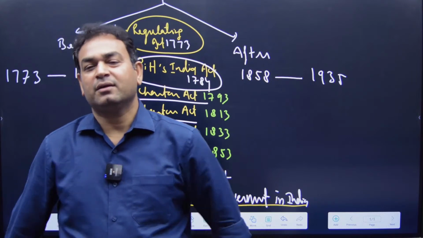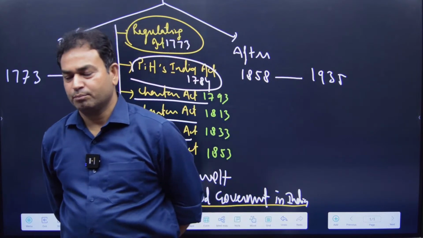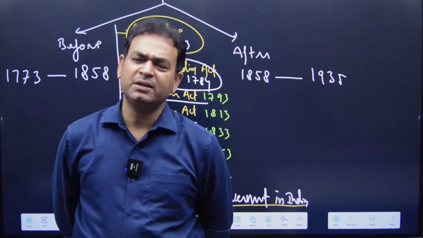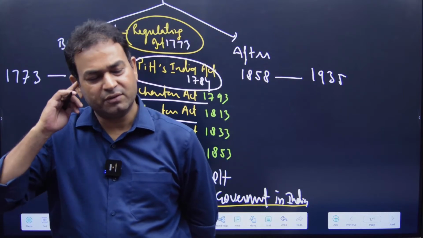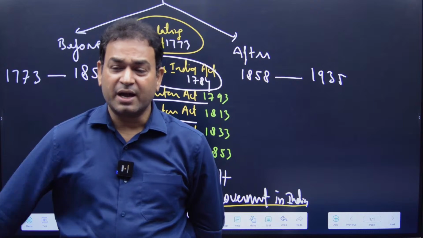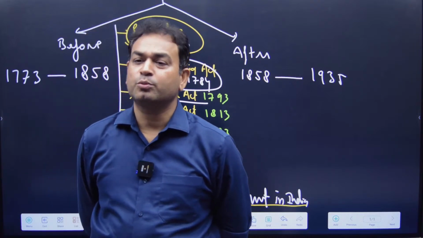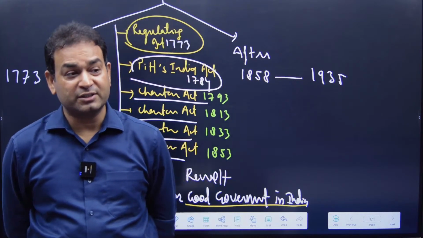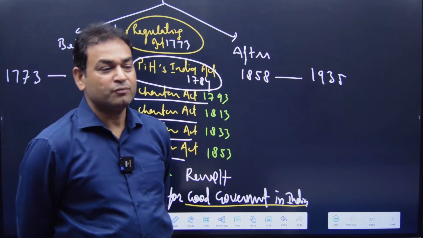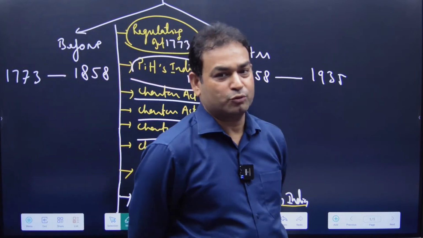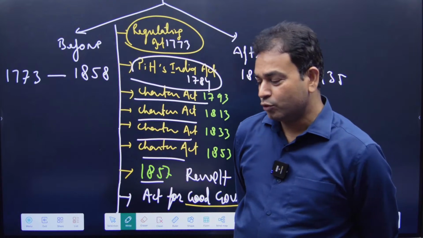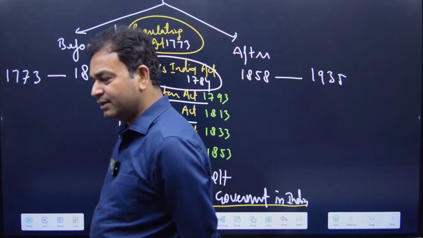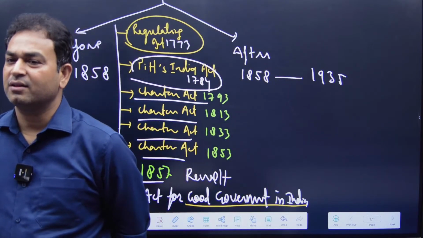Before 1857, there were many incidents where the company tried to establish monopoly. Although it started in 1757 when the Battle of Plassey took place. The Battle of Plassey designed a new political framework in India.